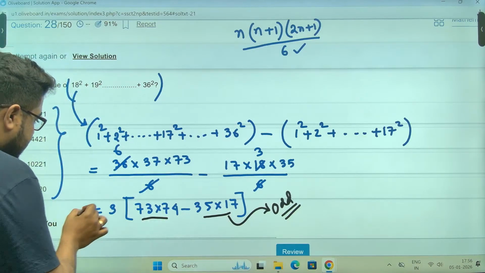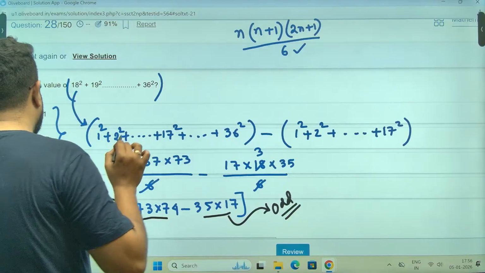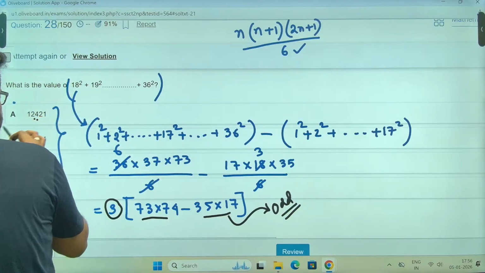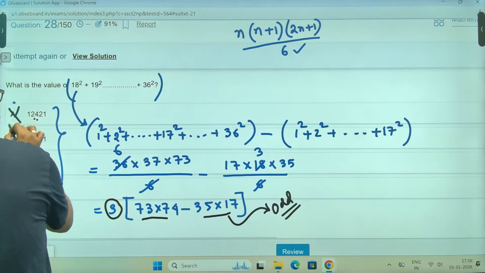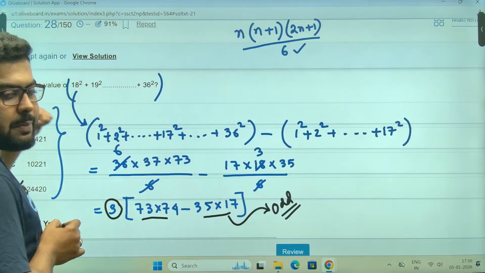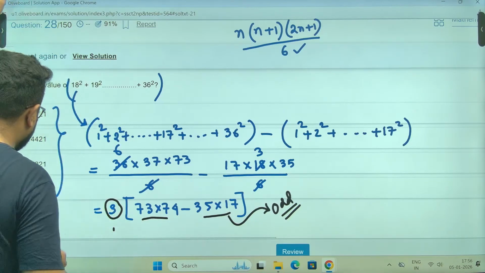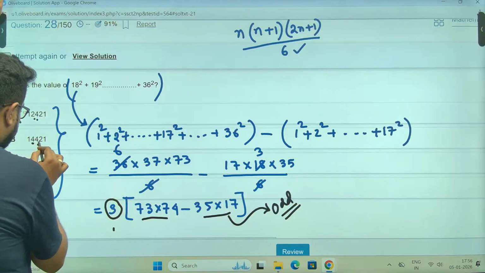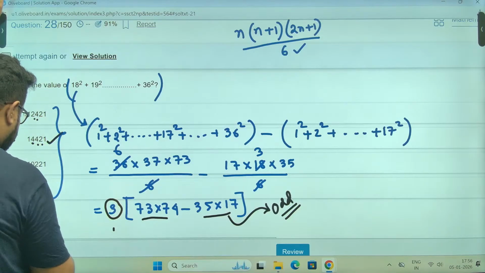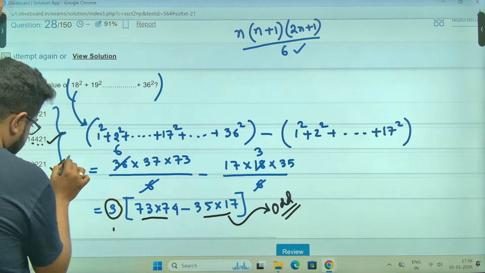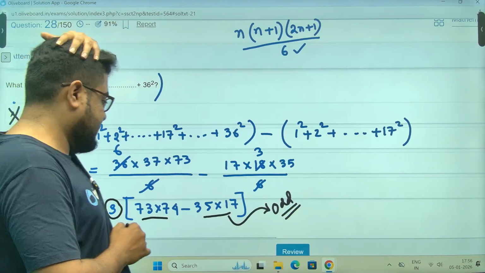All 3 are odd. It has to be a multiple of 3 as well. 2, 4, 6, 3. So this cannot be the answer, because this is not a multiple of 3. It has to be a multiple of 3, sir. Out of these two, 4, 4, 8, 2, 10. So this is a multiple of 3. Sir, this is also a multiple of 3.